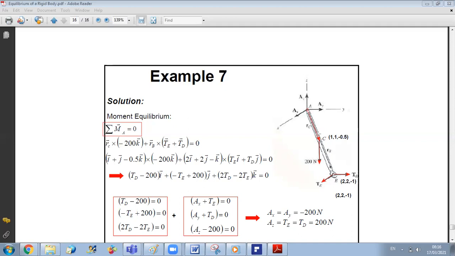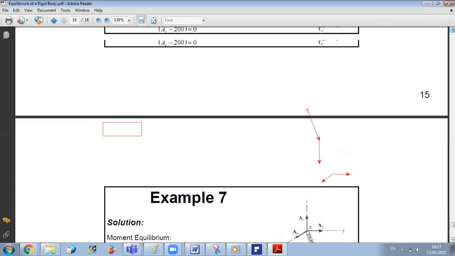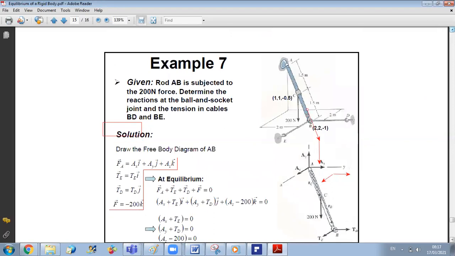To find the AC vector, I need coordinates of points, so let me check the figure. Point C is at the middle of rod AB. This is not given, so you should calculate it.